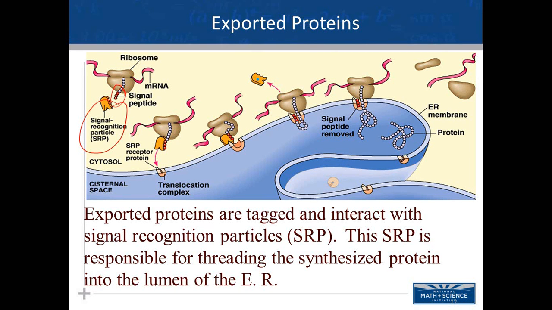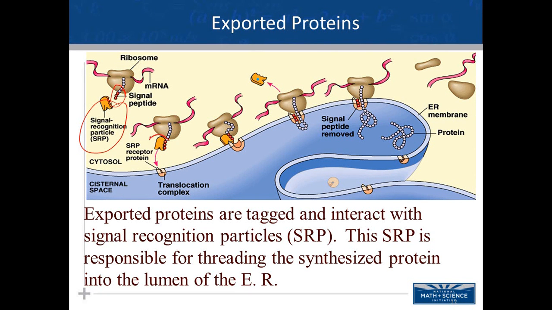It attaches to that little signal, and so now this little complex is attracted to the pore in the endoplasmic reticulum, and it kind of pulls this whole complex over. And as it does that, the polypeptide chain is going to be threaded into the cisternae, or the inside of the endoplasmic reticulum.